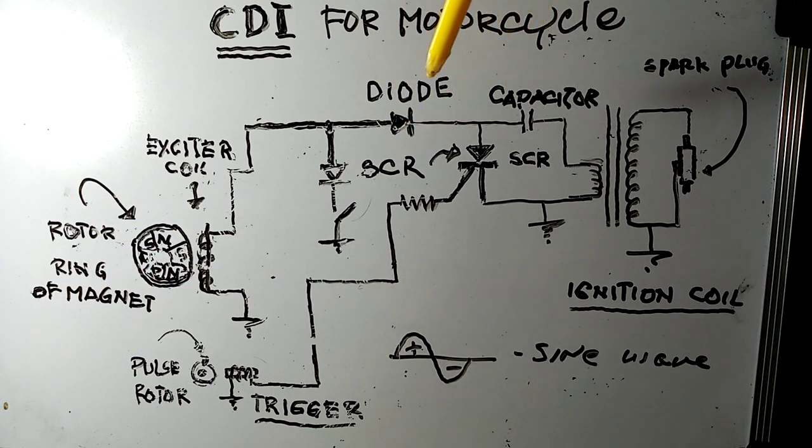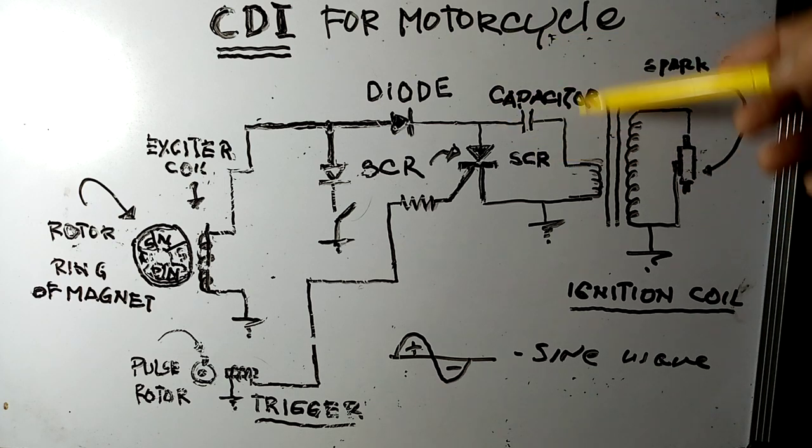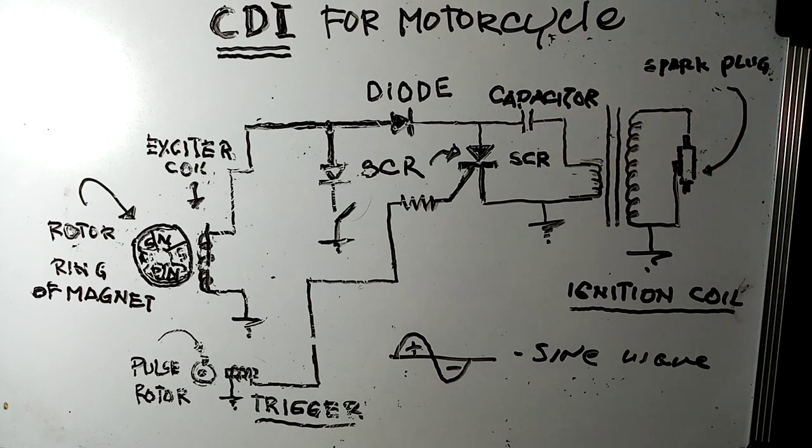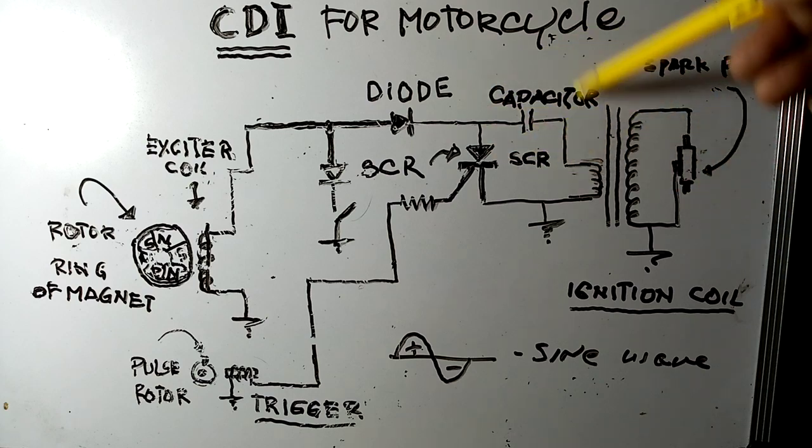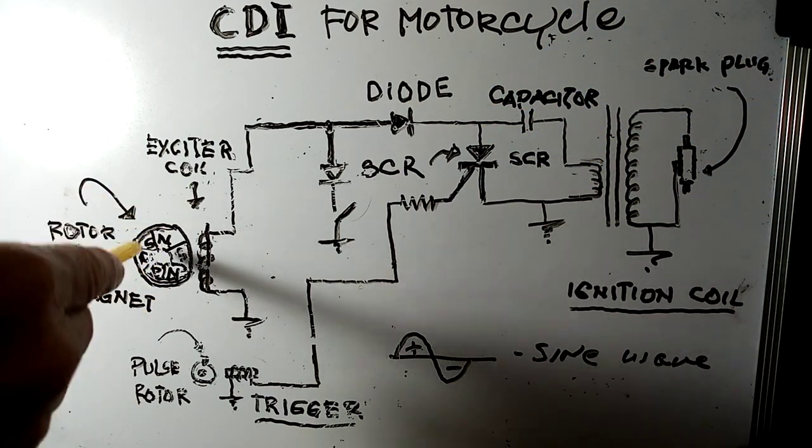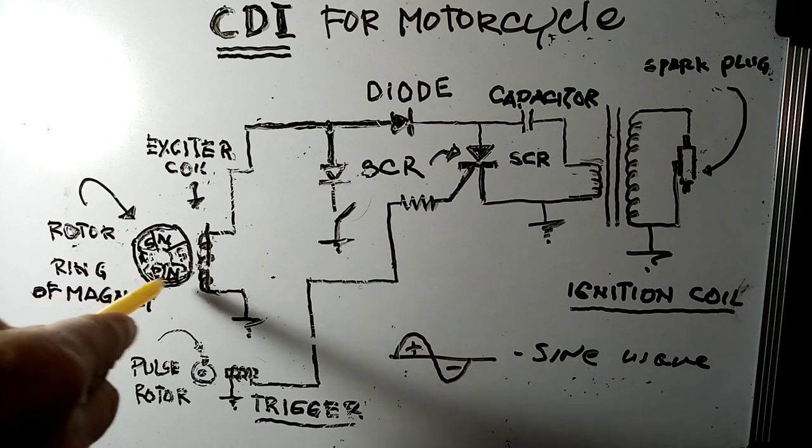So the capacitor will be charged tremendously. So the stored voltage will be higher here in the capacitor. So that is the dwell time. It's the period that the capacitor is charging for every facing of the north and south magnet.